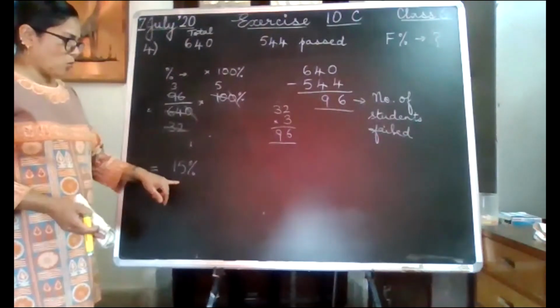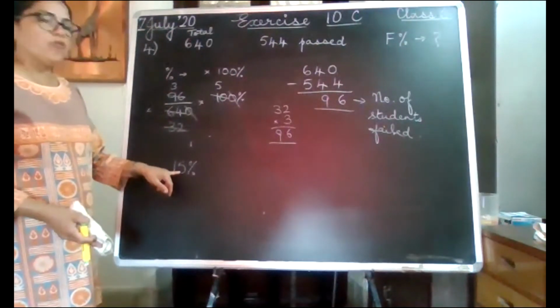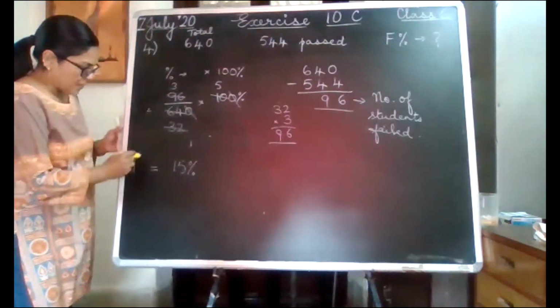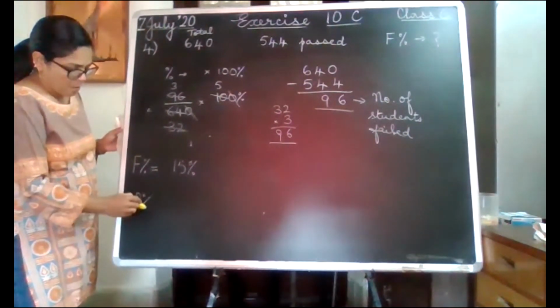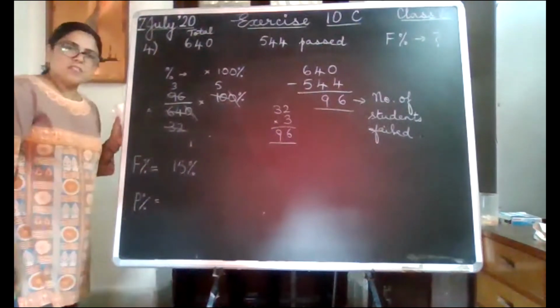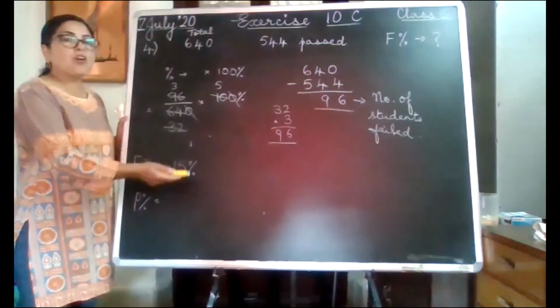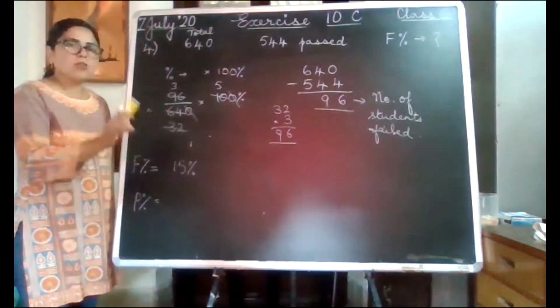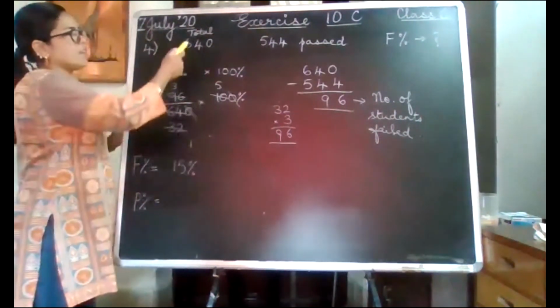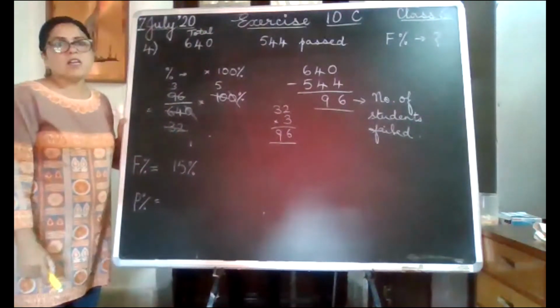Now, if you know the percentage of students who failed, you can very easily find out the percentage of students who passed. What is the meaning of 15%? 15 out of 100 means if there were 100 students, 15 out of them failed. Of course, there were not 100, it was 640 students.